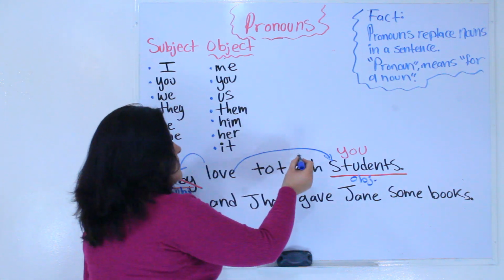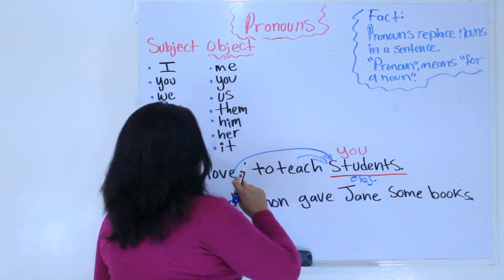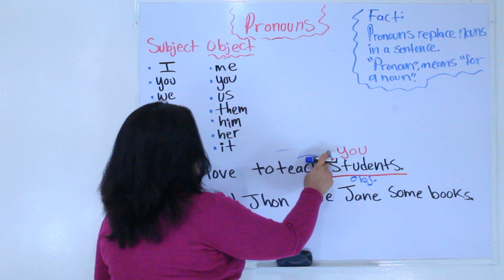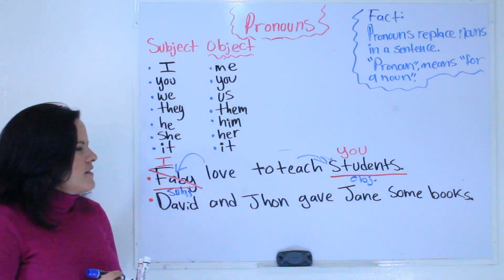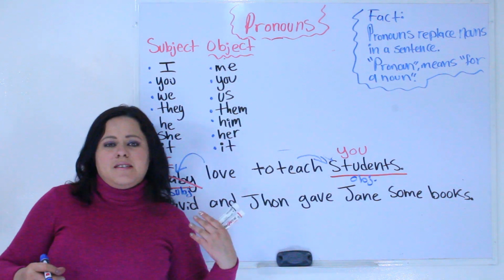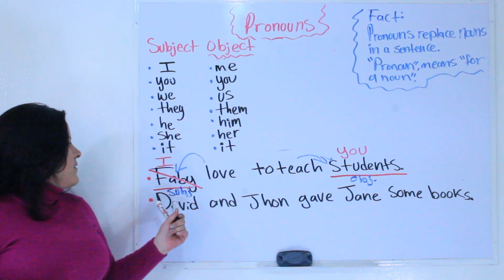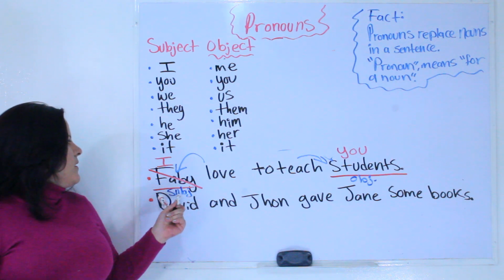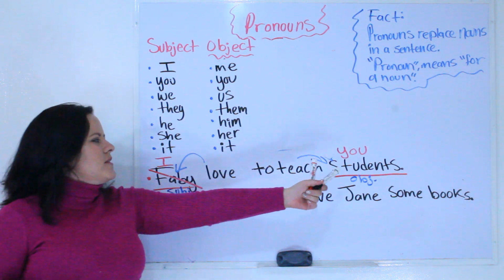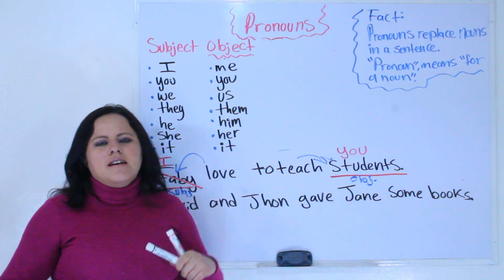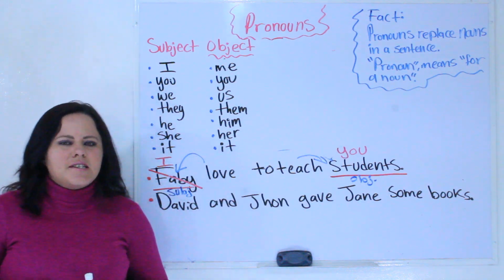In this case, we have two. So after the verb is an object, before the verb is the subject. So what do we use? A subject pronoun because it is the subject. We use an object pronoun because it is the object of the sentence.